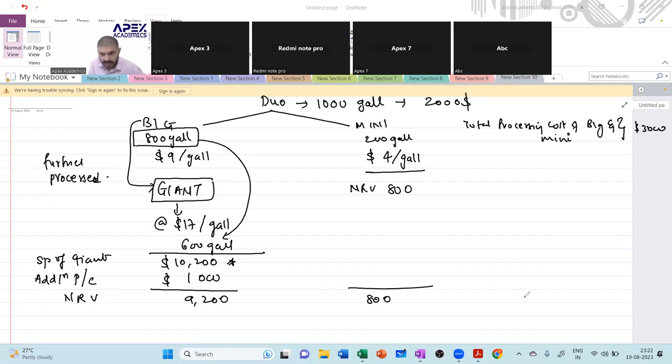What is the total net realizable value? 10,000. Now, 800 divided by 10,000 as a percentage gives you 8%. And this gives you 92%. How did I get 92?